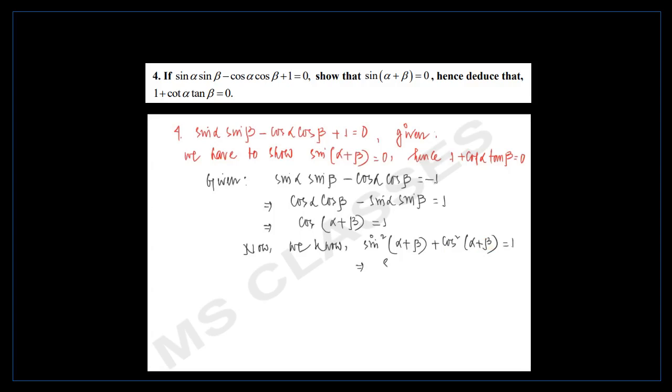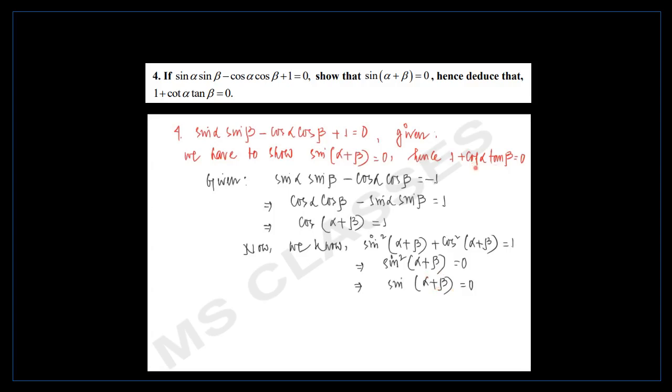This implies that sin square (alpha plus beta) equal to 0, and this implies sin (alpha plus beta) equal to 0. Now, this is a pretty simple one. We have got cos (alpha plus beta) and then from that sin (alpha plus beta). Hence, by using this only, we have to come to this conclusion.